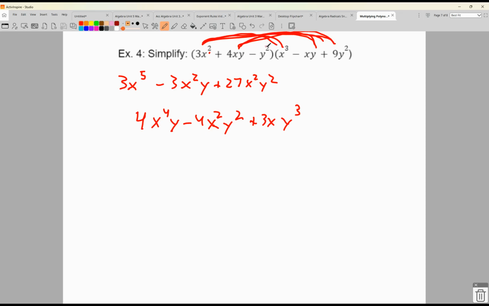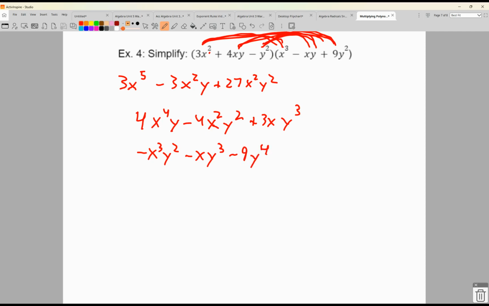And then our last one, negative y squared times x cubed is negative x cubed y squared. Negative y squared times negative xy is positive xy cubed. And negative y squared times 9y squared is negative 9y to the fourth.